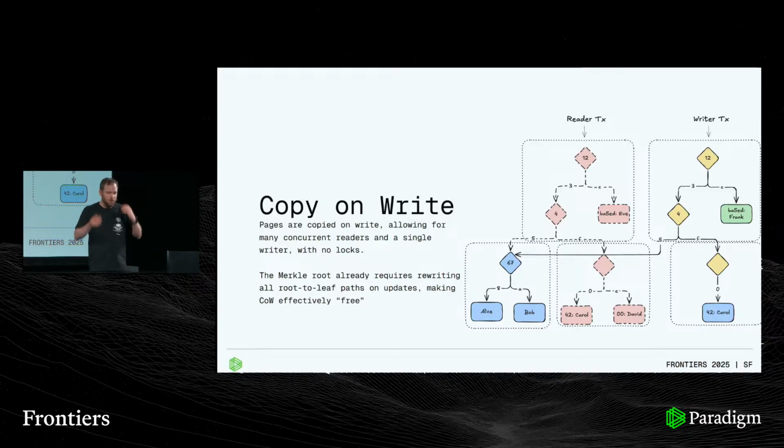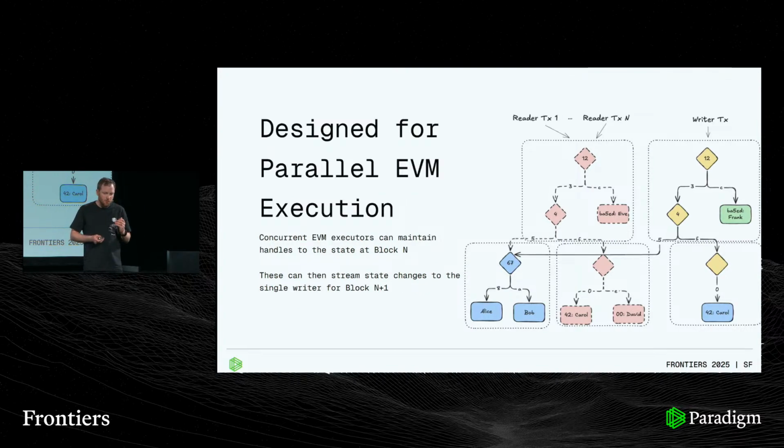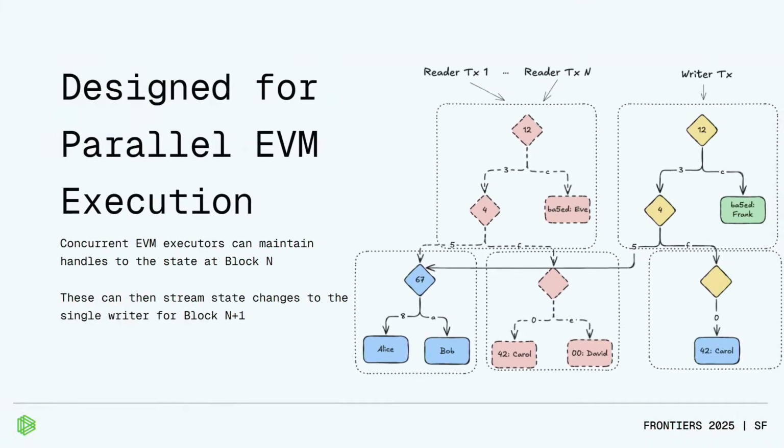Readers can hold on to a shadow fork of the entire tree, and you only clean up those pages when there are no longer any readers that can access them. And this should be very good for parallel EVM execution, because you could have many readers all doing concurrent reads from the same block state as you then funnel out your state changes to your single writer that can hopefully do pipelined writing.